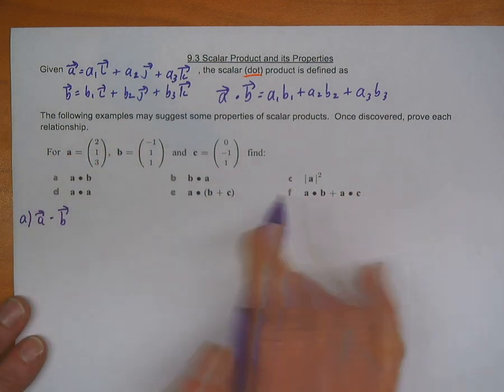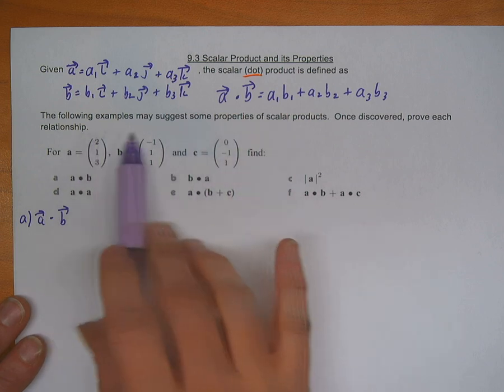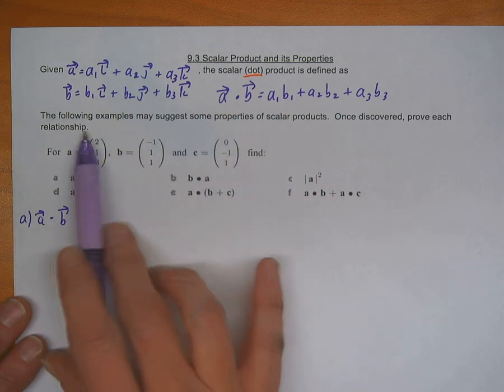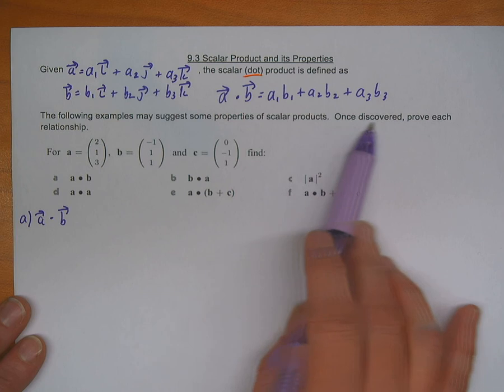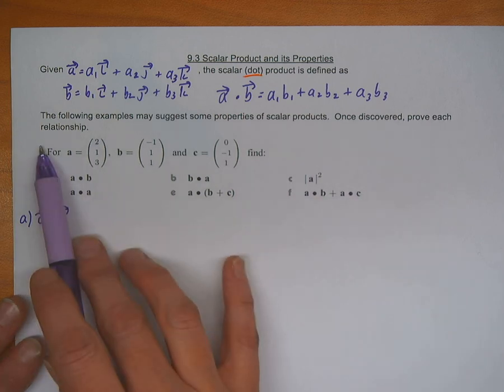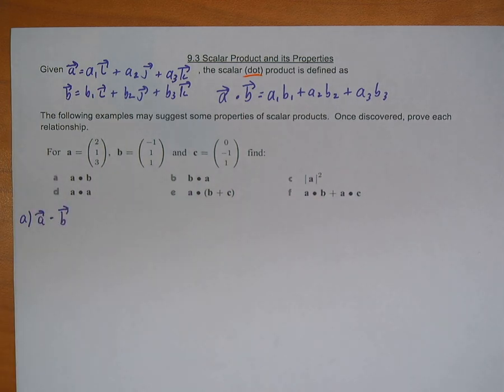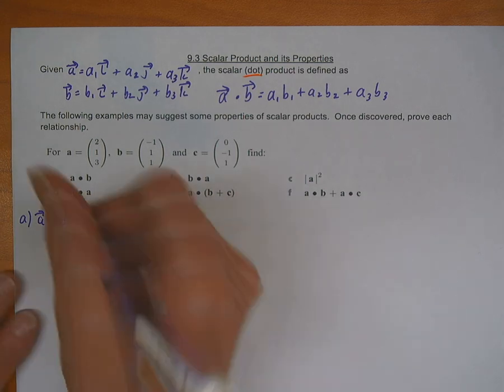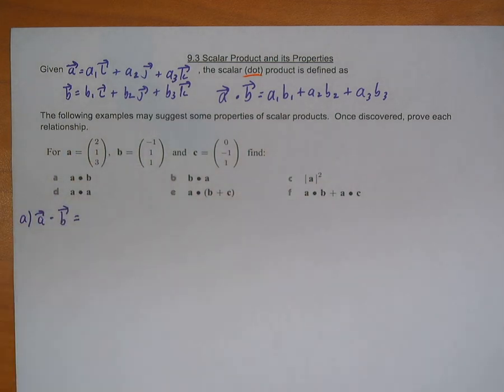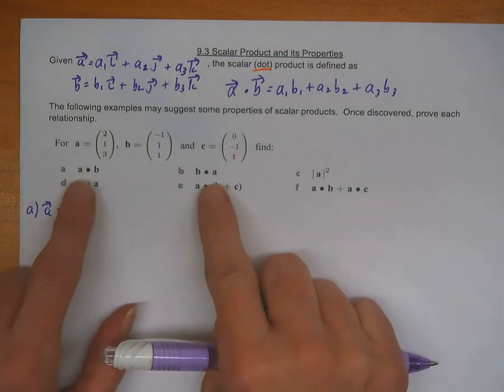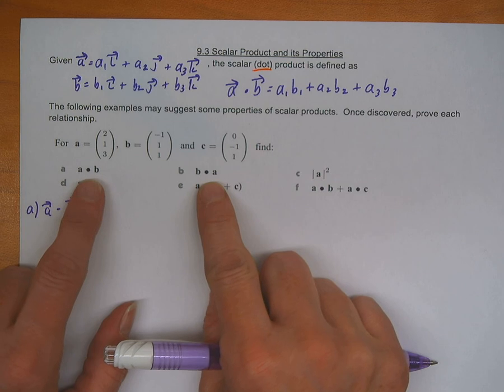So the first thing we're asked to do is actually find the dot product. And then once we've found the dot product, we're going to see if we think that it suggests some sort of property, and then we'll prove that relationship if it does seem like there is some relationship. So we're actually going to calculate the numerical value of the dot product.